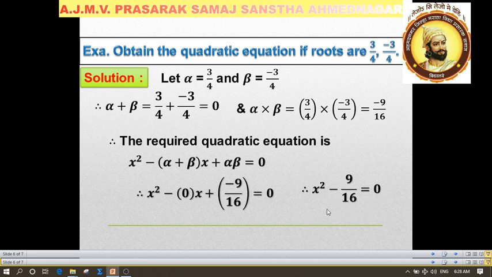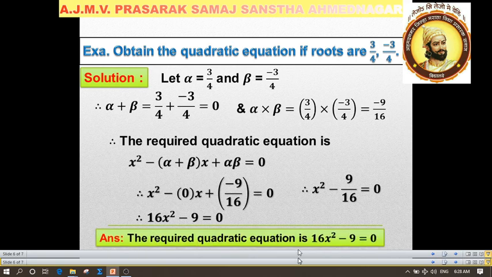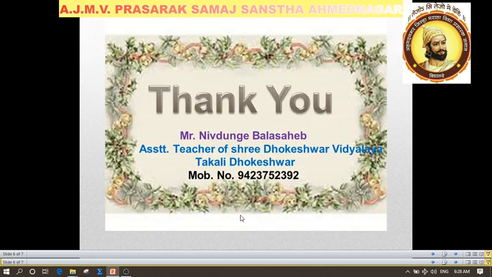Now multiply throughout by LCM of denominator 16. So we have 16x square minus 9 is equal to 0. It means that the required quadratic equation is 16x square minus 9 is equal to 0. So dear students, in this way we can obtain any quadratic equation if the roots of that quadratic equation are given.